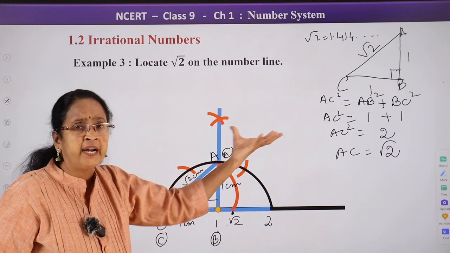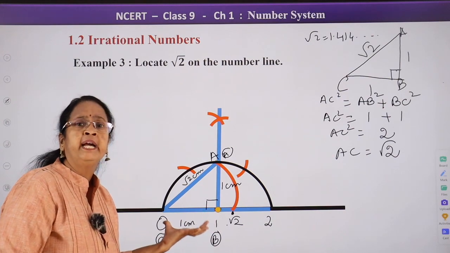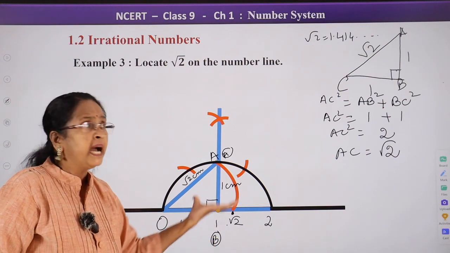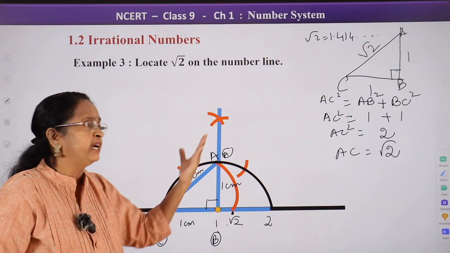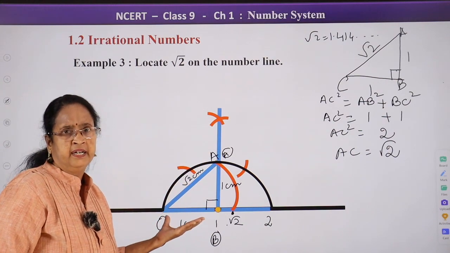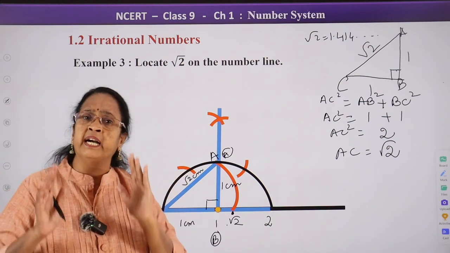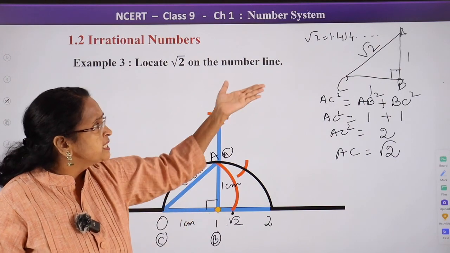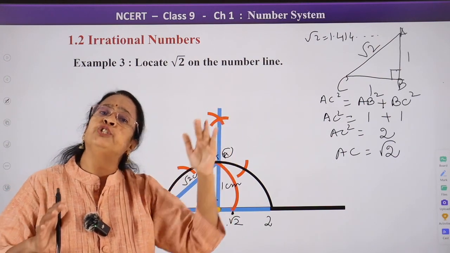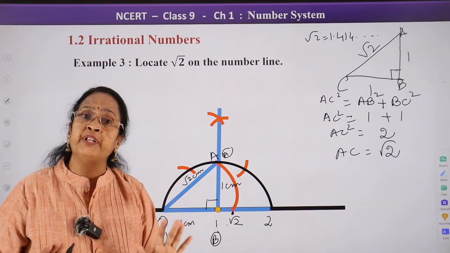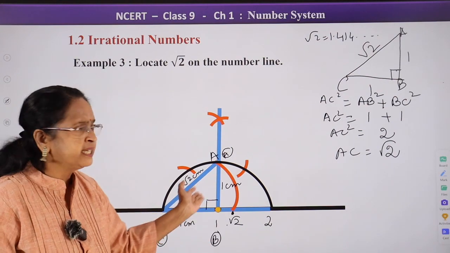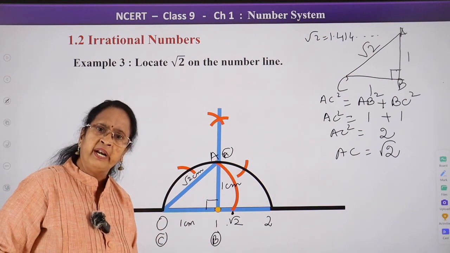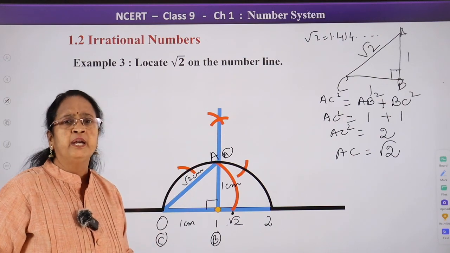It is the guide to locate on the number line. When the teacher corrects this sum, she will see that and half the job is done, and the rest is construction. That is very, very important.